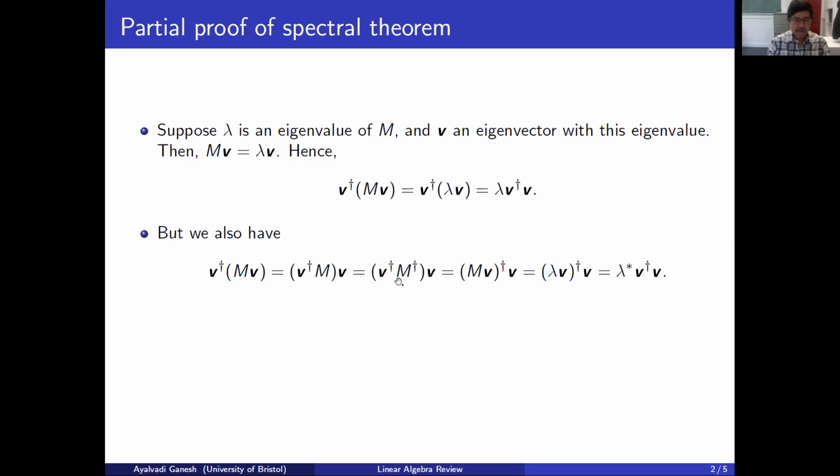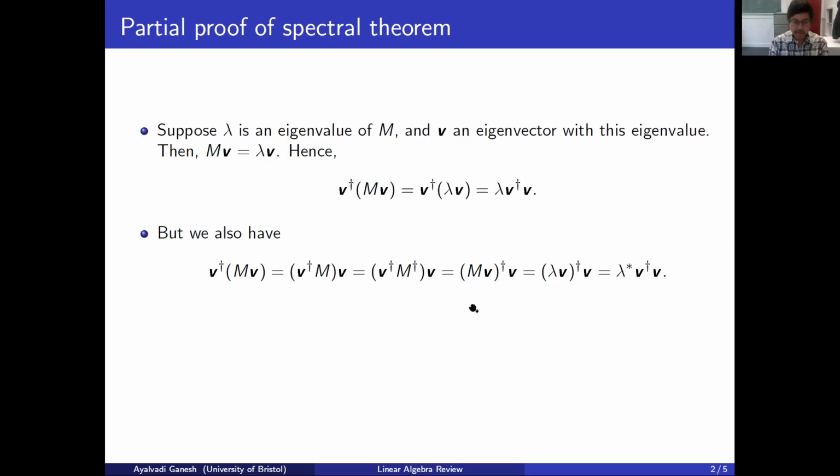Now, what is V dagger, M dagger? Maybe you're more familiar with the case of real vectors and matrices. What's V transpose, M transpose, or A transpose, B transpose for products of matrices? That's just (BA) transpose, right?